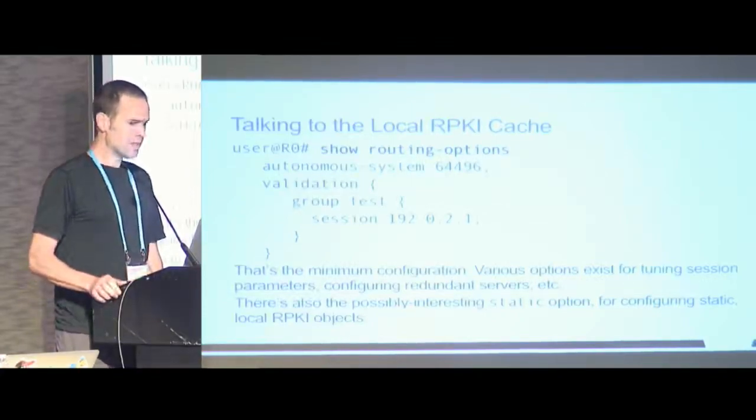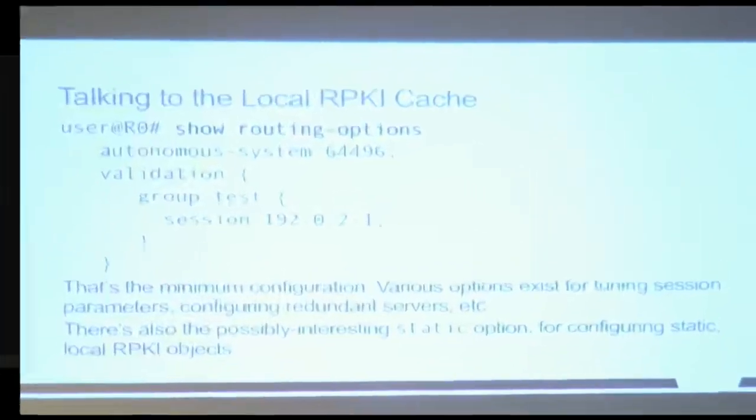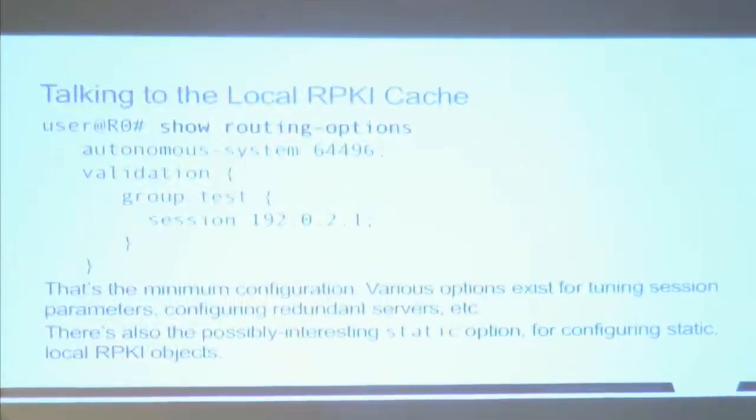There also is, and this is not part of the standard, but may or may not be of interest to you, and you'll find it in the documentation, a static option, which lets you dummy up a static, locally configured RPKI object inside of the router.